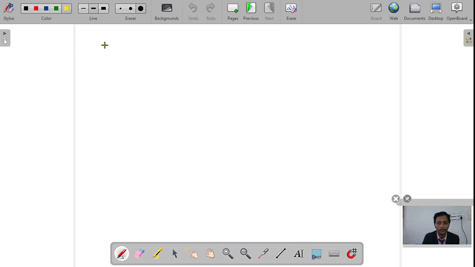Once again we are on the topic of completely randomized design. Here we are going to see the basics, that is, how we construct the completely randomized design, before entering into the problem. What are the steps needed?